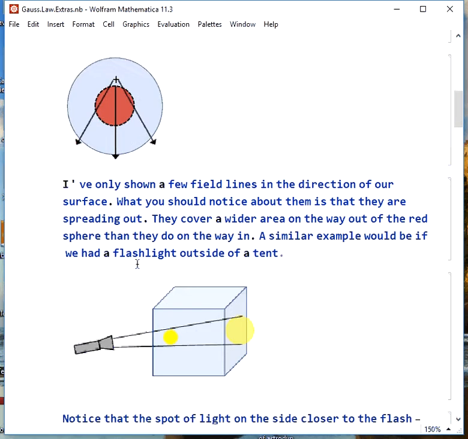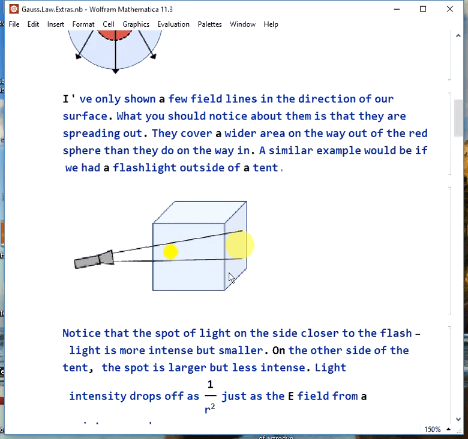So if you want a similar example, let's imagine this cube here is a tint. So the sides are kind of translucent. If we look at a flashlight, which also has an intensity drop off of 1 over r squared, if we have a flashlight outside the tint, we get a very bright small spot on the near side, and then on the far side we would expect to get a much larger spot, but it's also much dimmer.